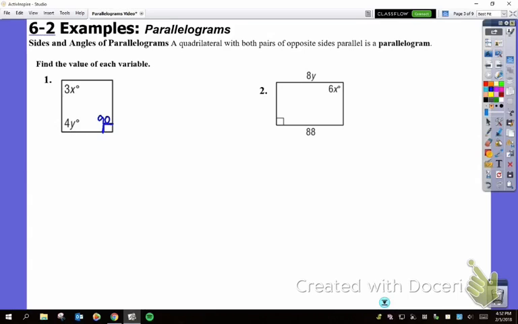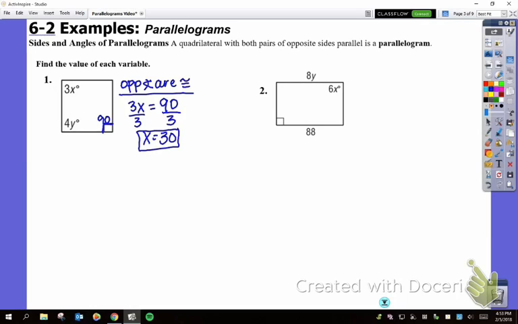So our property that we're using here is that opposite angles are congruent. So to find x, we say that 3x equals 90, and we divide by 3, and we get x equal to 30.